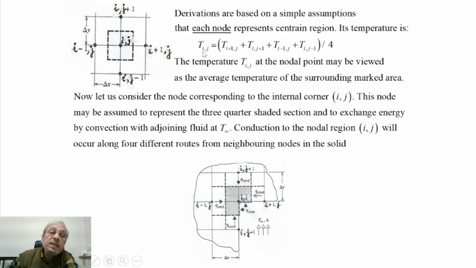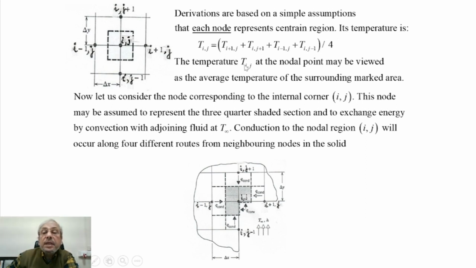Its temperature is given by Tij equals Ti plus 1 j plus Ti minus 1 j plus Tij plus 1 plus Tij minus 1 divided by 4. That is the eastern neighbor, western neighbor, northern neighbor, and southern neighbor divided by 4, since these are equidistant grids and delta x equals delta y. That is number 1: all the delta x's are the same and all the delta y's are the same, which is called a uniform grid.